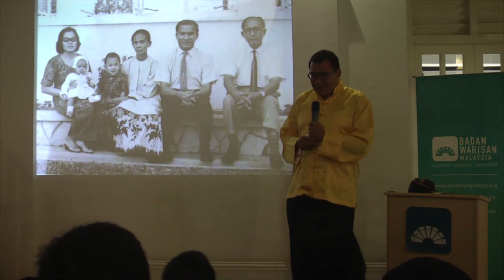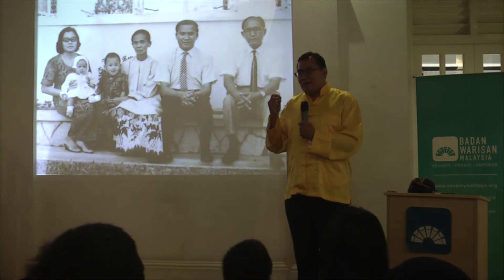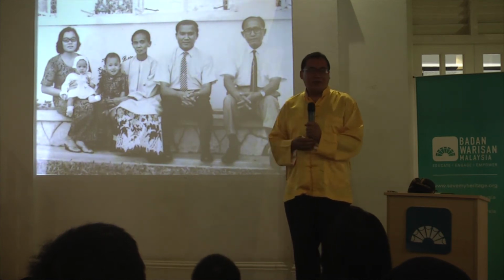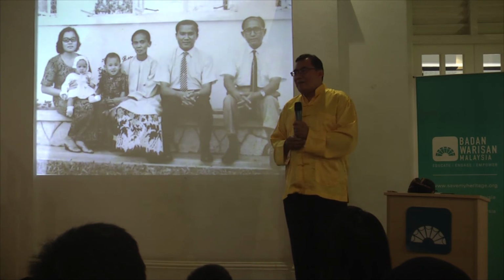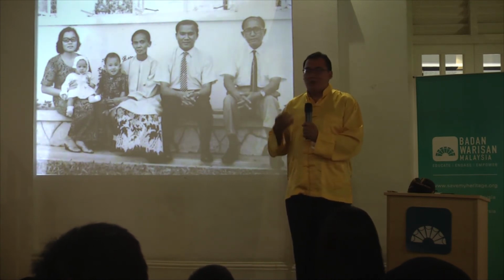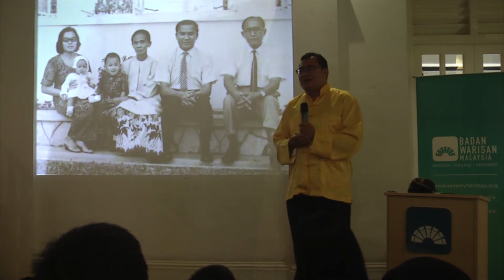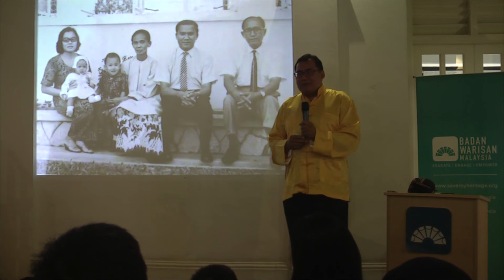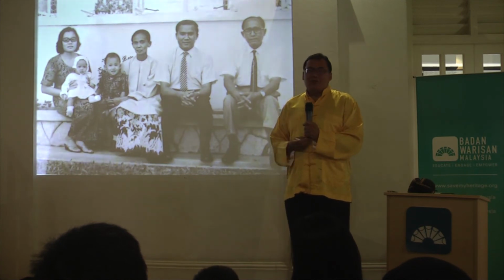And in Perak, interestingly, this man was very educated, being a member of the royal family of Java, and he could speak several languages. He spoke Dutch, he spoke English, he spoke obviously Javanese, Malay, Indonesian. So it was easy for him to get a job when he was in Perak.